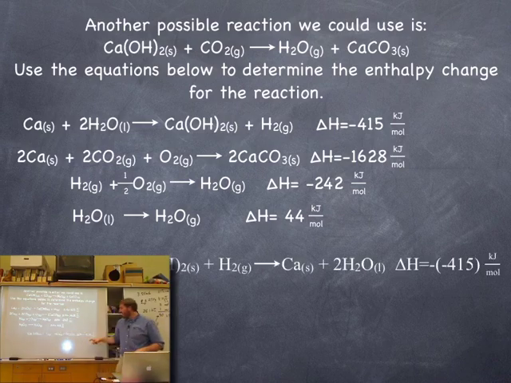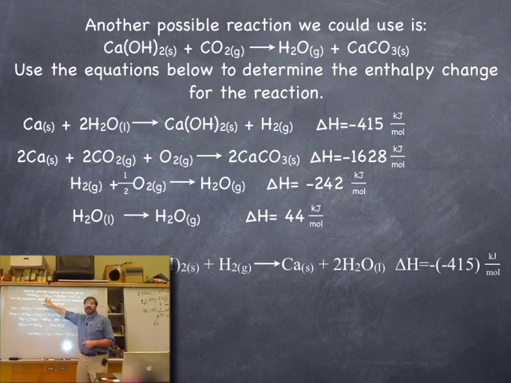Okay, so I flipped it around and I put an extra negative sign on here. Now, what's another thing I can key off of? Something in here that only occurs in one place down here. Carbon dioxide or calcium carbonate, they're both right here. Hey, they're on the right sides.